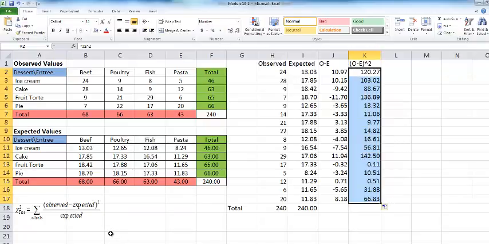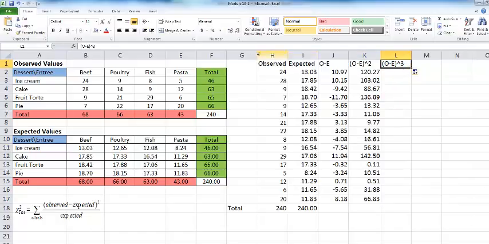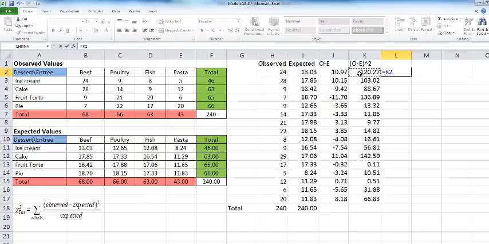And the next step is this number should be divided by expected value. See, observed minus expected squared divided by expected. So let me copy this. Squared divided by expected value. So another simple formula, K2 divided by expected value.